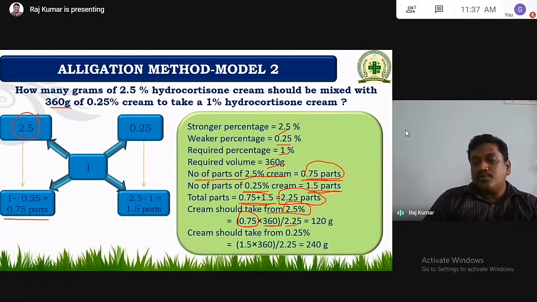And 2.25 is the total number of parts. 0.75 is the number of parts for the highest concentration, which is 2.5%, 360 is the total amount you have to prepare, and 2.25 is the total parts. So finally you will get 120 grams.